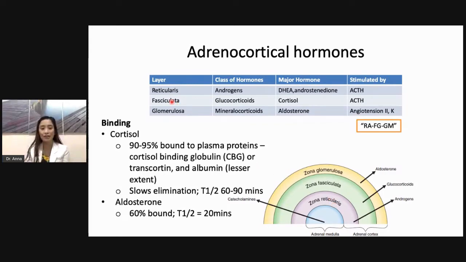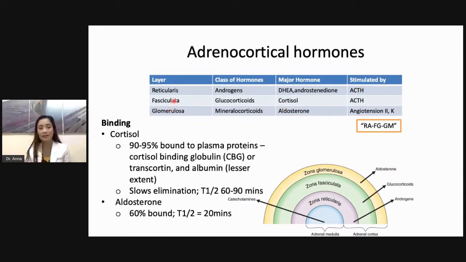For your inner zona reticularis, the class of hormones predominantly secreted there are your androgens. The major androgenic hormones would be DHEA, or dehydroepiandrosterone, and your most abundant androgen, androstenedione. This is specifically stimulated or controlled by your ACTH.